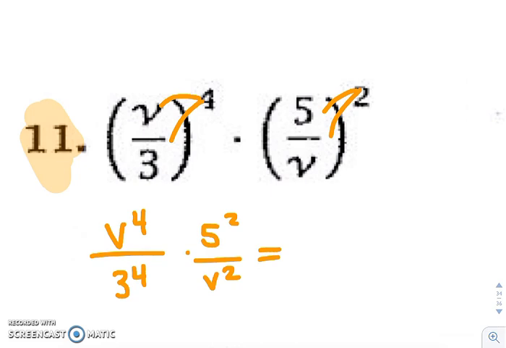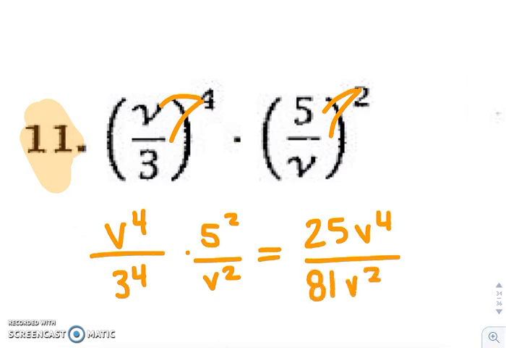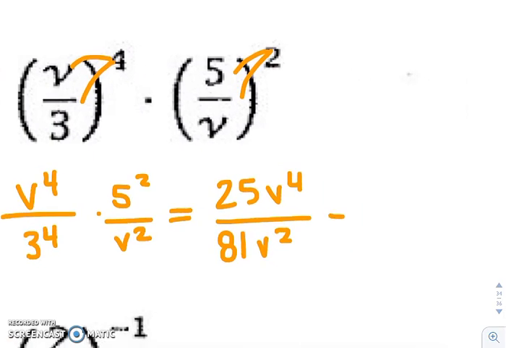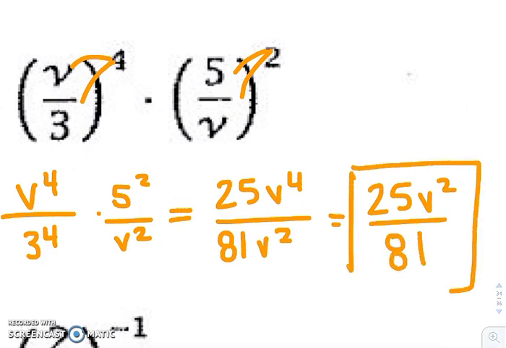So 5 squared times v to the 4th is 25v to the 4th. 3 to the 4th times v squared is 81. I do multiply those number values out. 25 over 81 does not reduce, but v to the 4th over v squared, you just subtract. 4 minus 2 is 2. So 25v squared over 81.